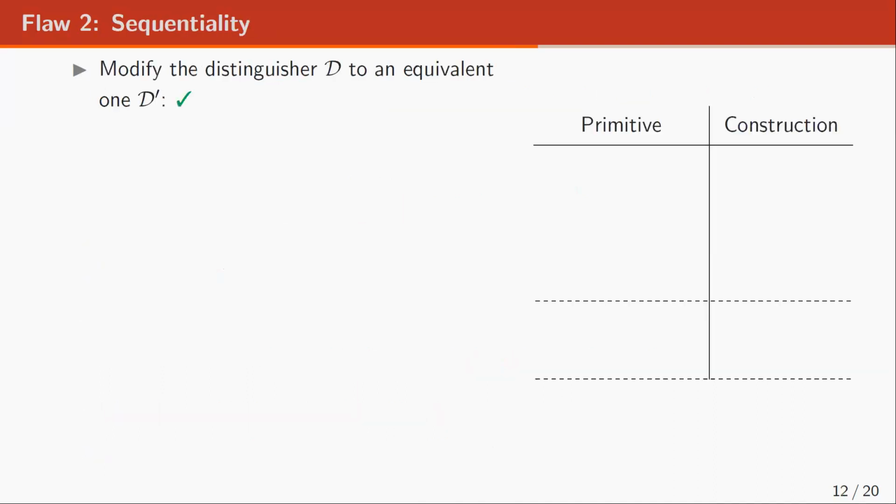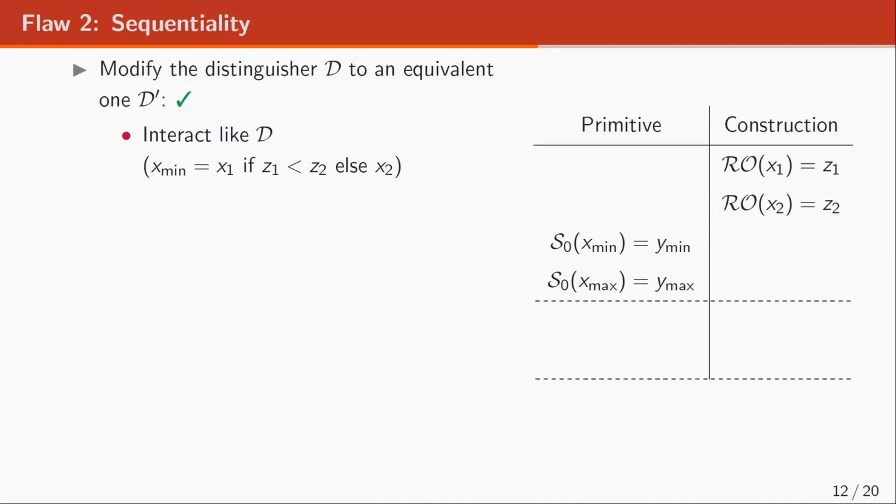The next one is sequentiality, which I actually explained at last Crypto, but I have some additional material about it. What we do here is modify our distinguisher D into an equivalent one, D prime, to make the analysis easier. D prime will start by interacting like D. So here, for example, is what D does: in this case it has an x1 and x2 and makes the corresponding construction queries.